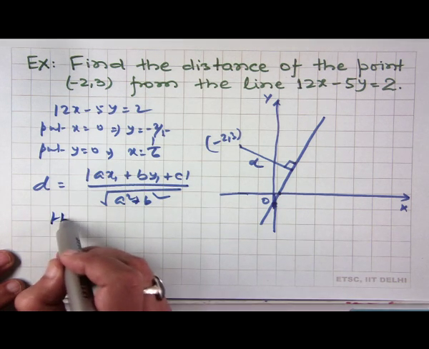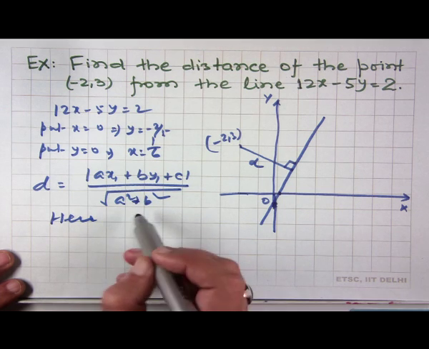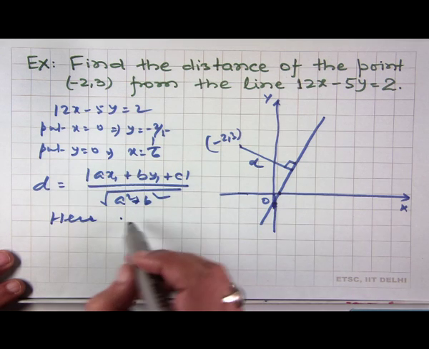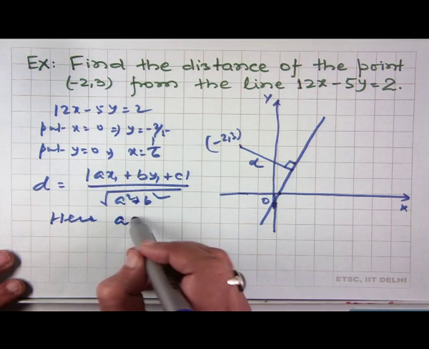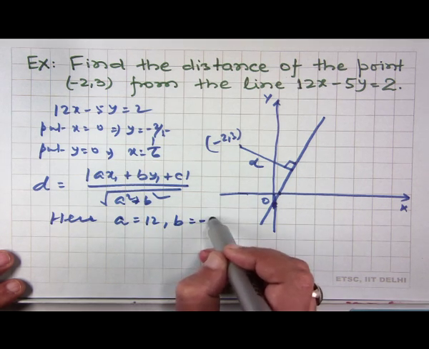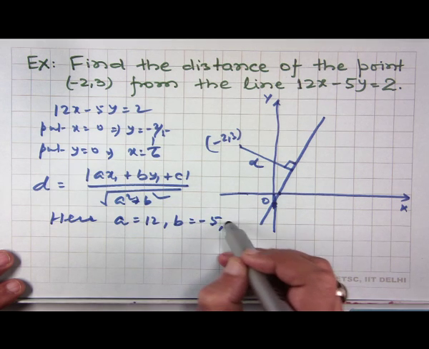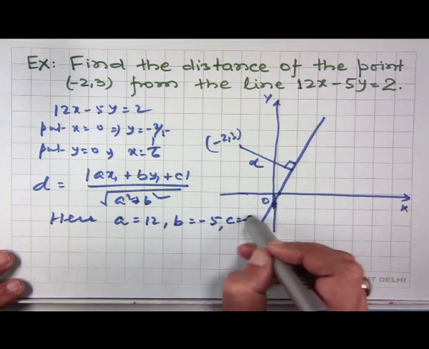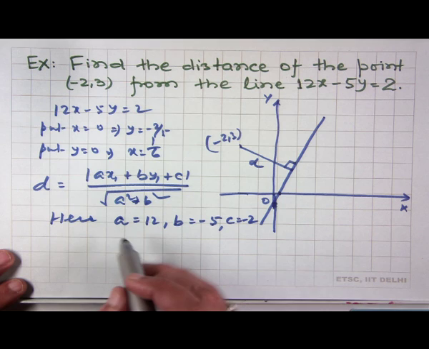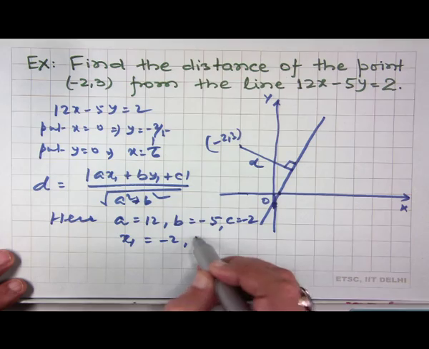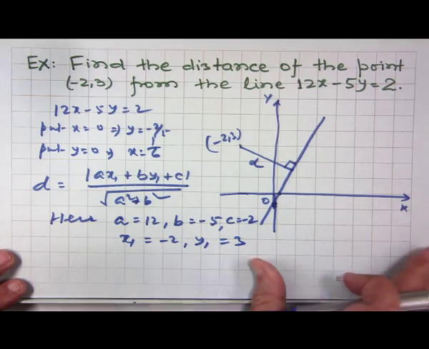Here A is equal to 12, B is equal to minus 5 and C is equal to minus 2, and x1 is equal to minus 2 and y1 is equal to 3.